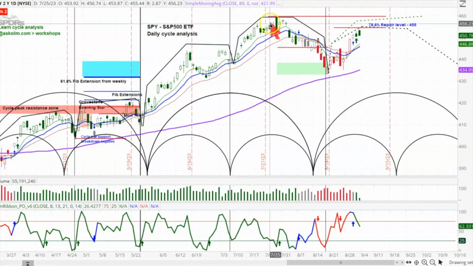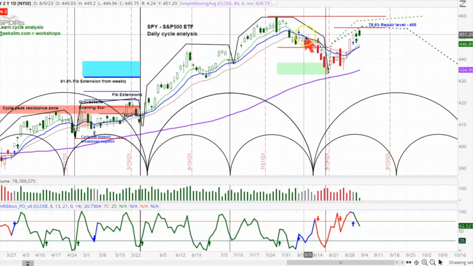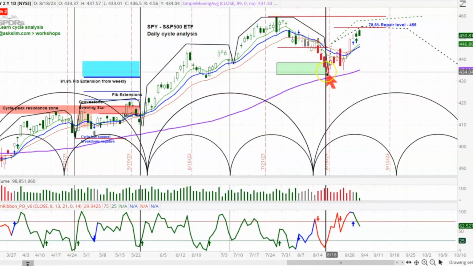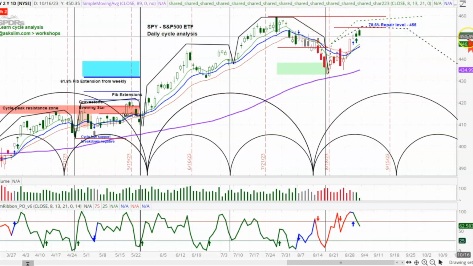Normally, when a market is weak, as you see right over here, and then gets up and can close above the 78.6 level, what that tells us is that the negative longer-term energies that are pushing the market down, the outflows of money, have dissipated. It wouldn't be able to close above this level unless the selling strength had significantly gone away.